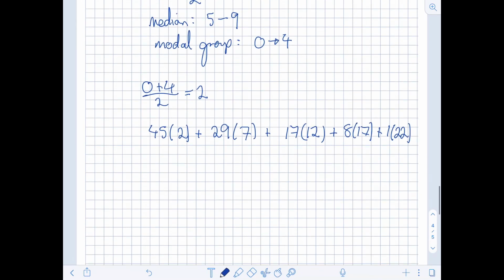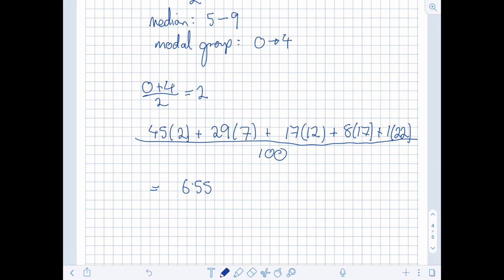So we add them all together. We don't have to count how many there are, because we know there's 100. So it's into the calculator: 45 multiplied by 2 plus 29 multiplied by 7 plus 17 multiplied by 12 plus 8 multiplied by 17 plus 1 multiplied by 22, divided by 100 equals 6.55.